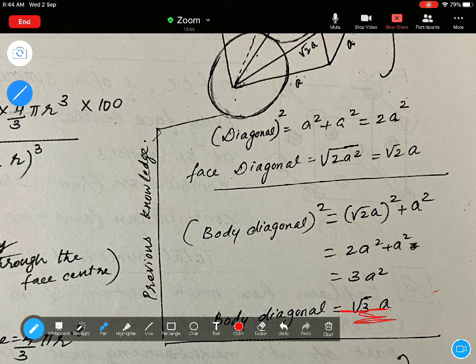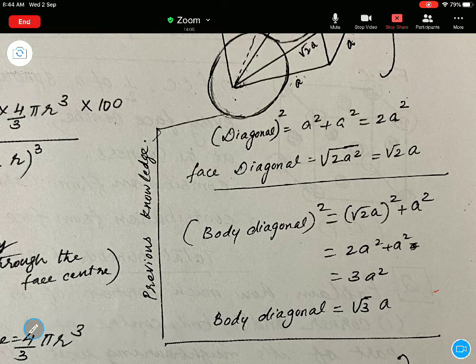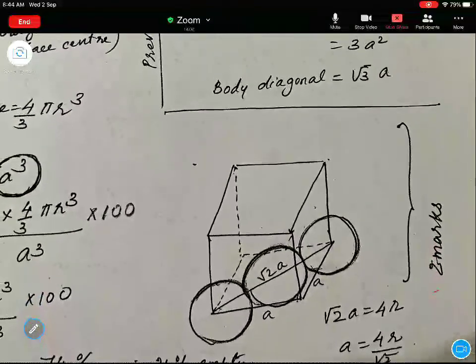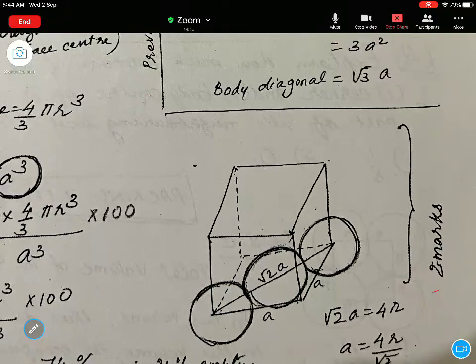This you have to learn by heart. Root 3a is equal to 4r in the case of BCC. In the case of FCC, root 2a is equal to 4r.